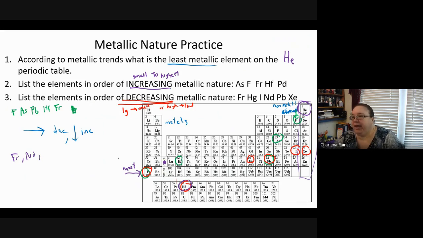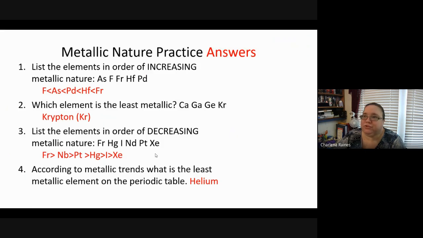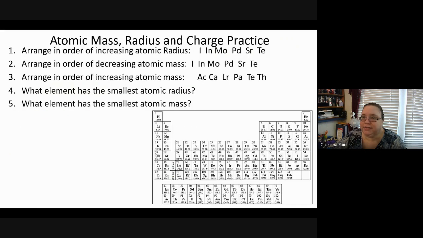Travel over on my way to the very edge, I can see that next is Hg, followed by Pb, followed by I, followed by Xe. That's my smallest, francium being the largest or the highest. So it doesn't matter the trend, the process for how you do it stays the same.